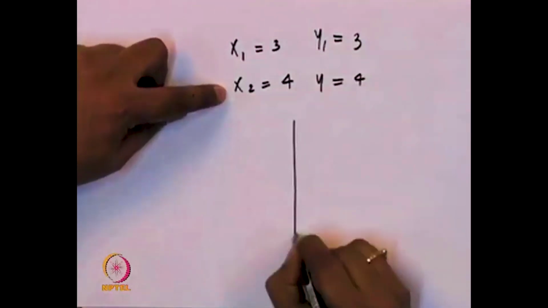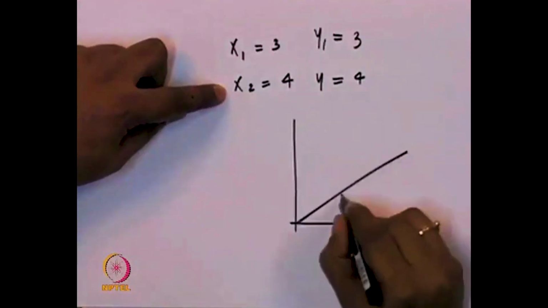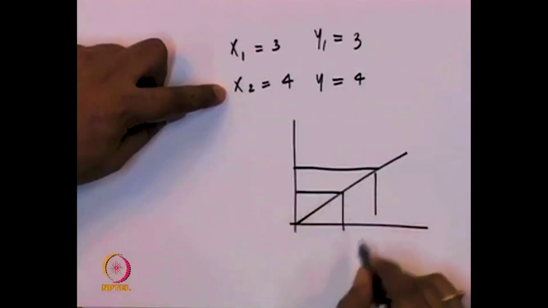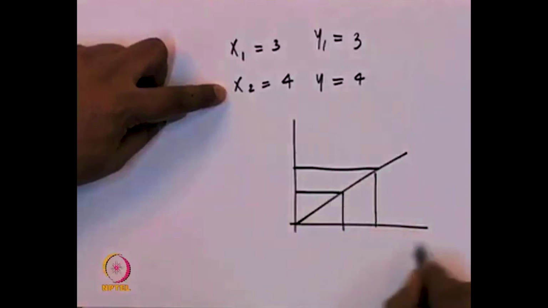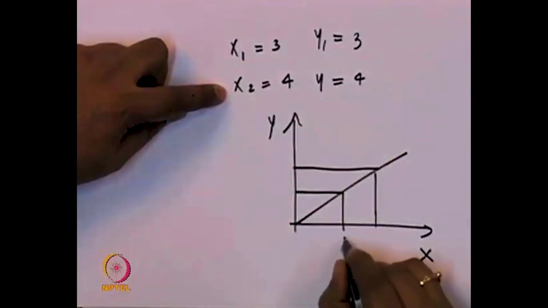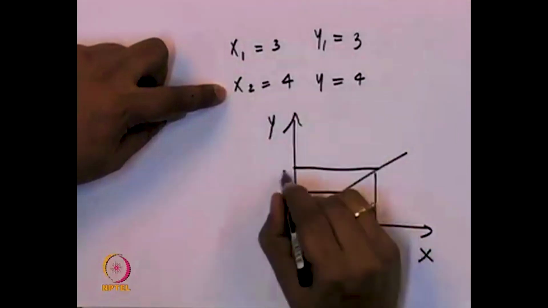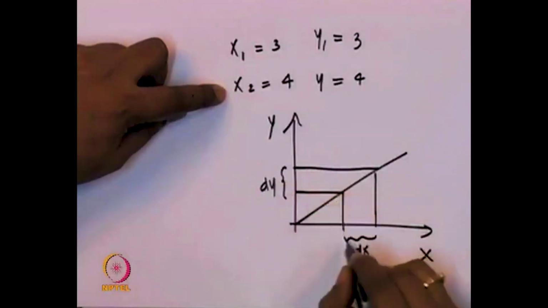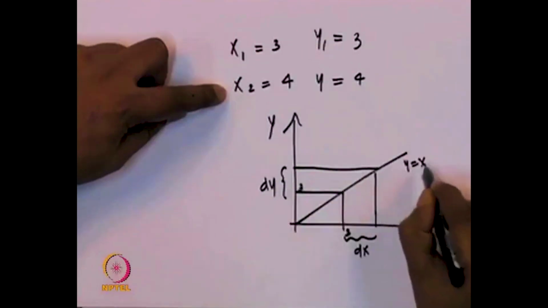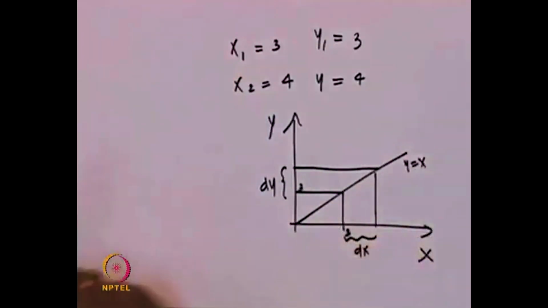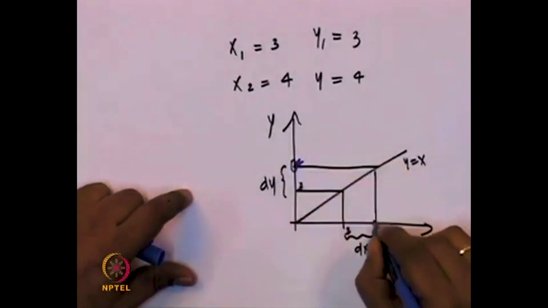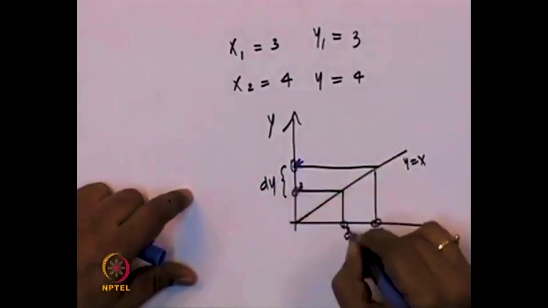So, as you saw in this curve here, this is x and this is y, this is dx and this is dy. If this is 3 and this is also 3, for the y equal to x curve, this is 4, this is also 4, this point is 4, this point is 4, this is 3, this is 3.